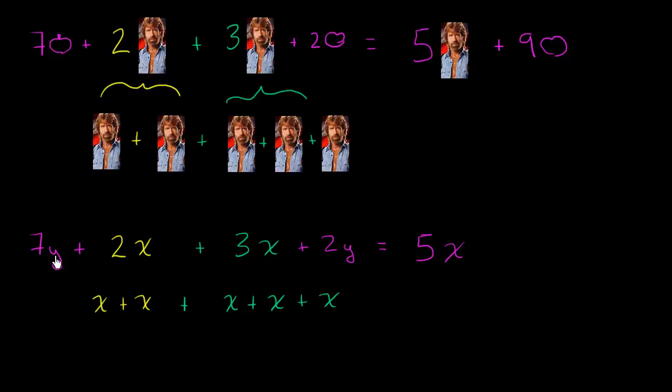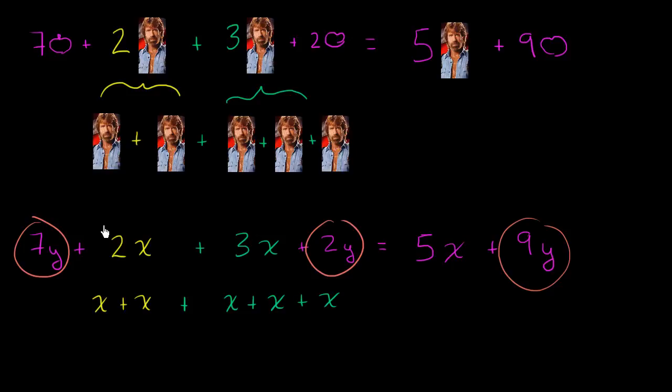If I have 7 y's, and to that I add 2 y's, I'm going to have 9 y's. If I have 7 of something and I add 2 of something, I now have 9 of that something. So you add this and this, you get that. You add the x's, you get that right over there.